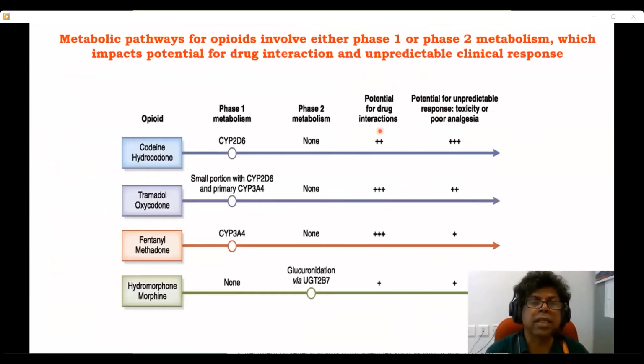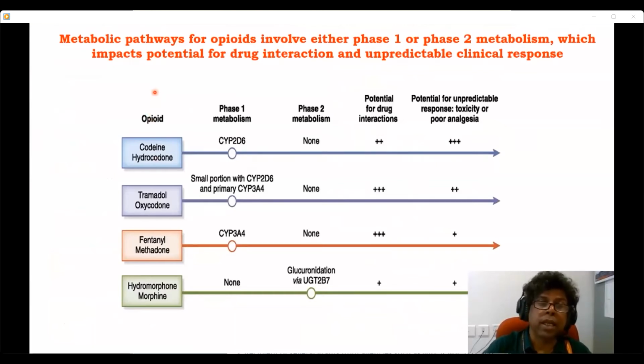Now, an interesting thing is that these opioids are basically metabolized by phase 1 or phase 2. A very important point to note is the drug-drug interactions that might lead to unpredictable clinical response.